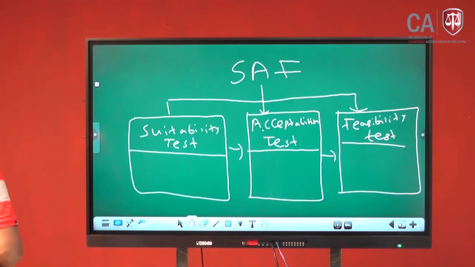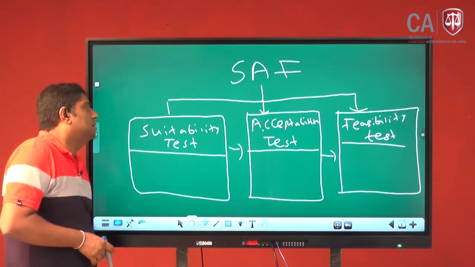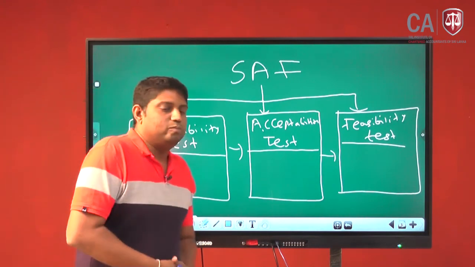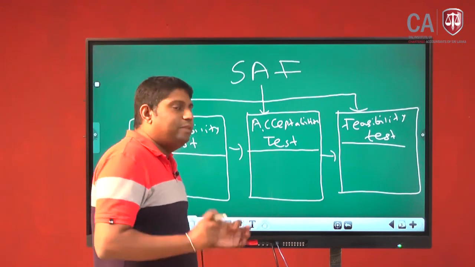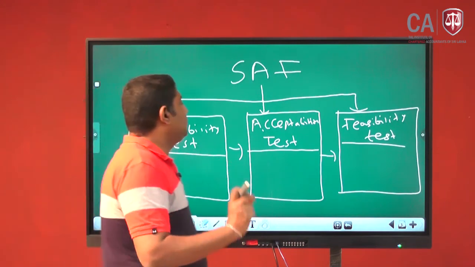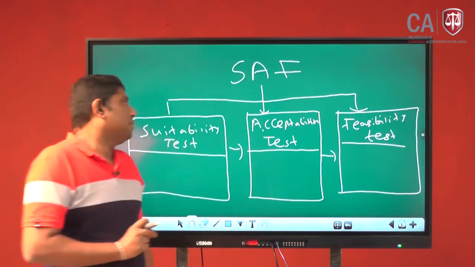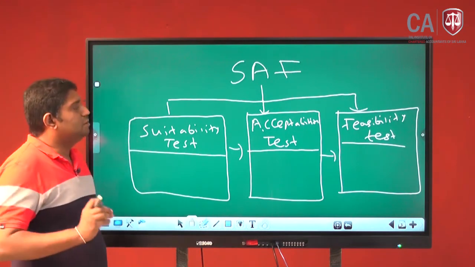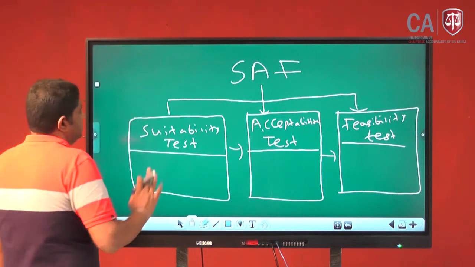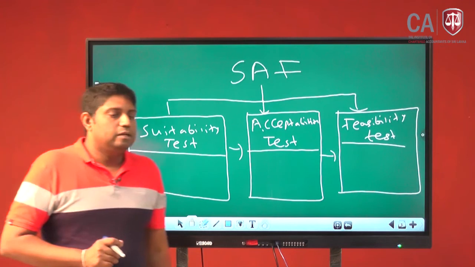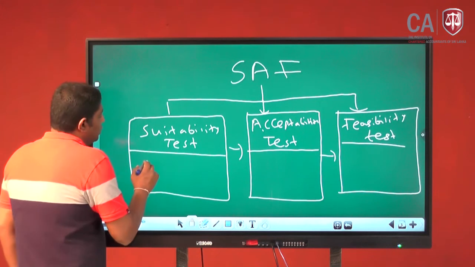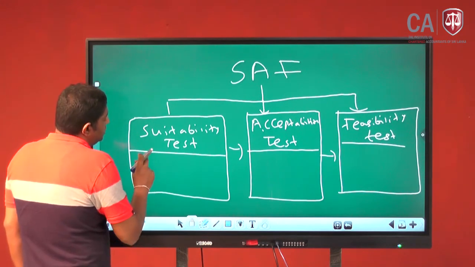Now, the suitability test is the first test we are going to perform. If this test is passed, only then we move to the accessibility test. If the accessibility test is passed, then only we move to the feasibility test, right. If you look at the suitability test, it looks at the logic of the strategy.